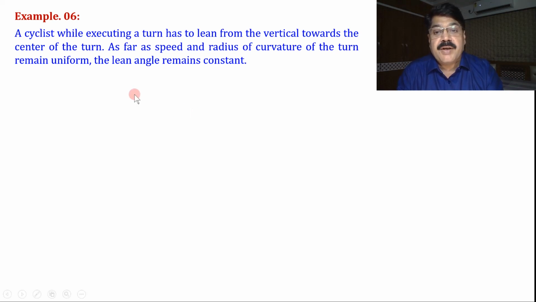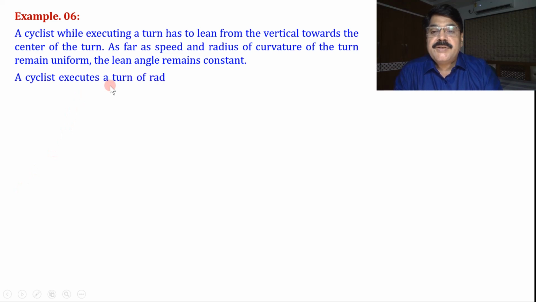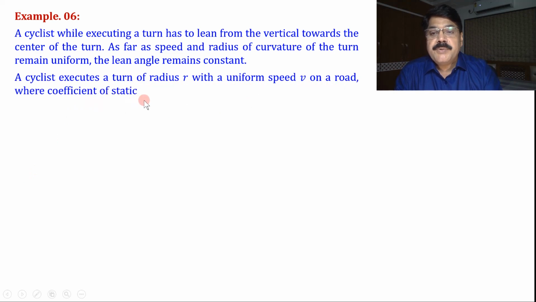Again, what is given here: as long as speed and radius of curvature of the turn remain uniform, the lean angle remains constant. So what we have to calculate here: a cyclist executes a turn of radius r with a uniform speed v on a road where the coefficient of static friction is μs.